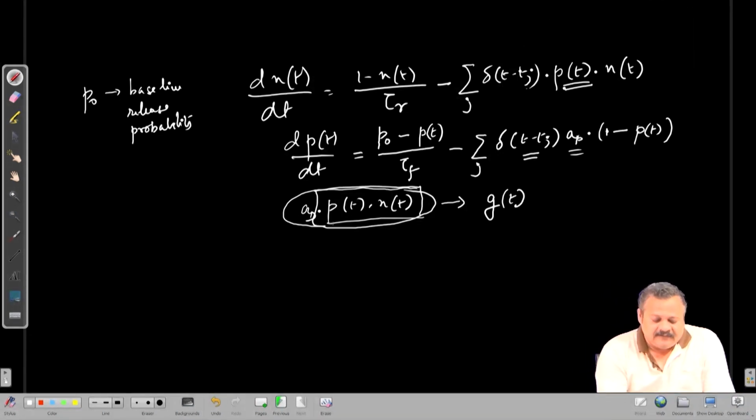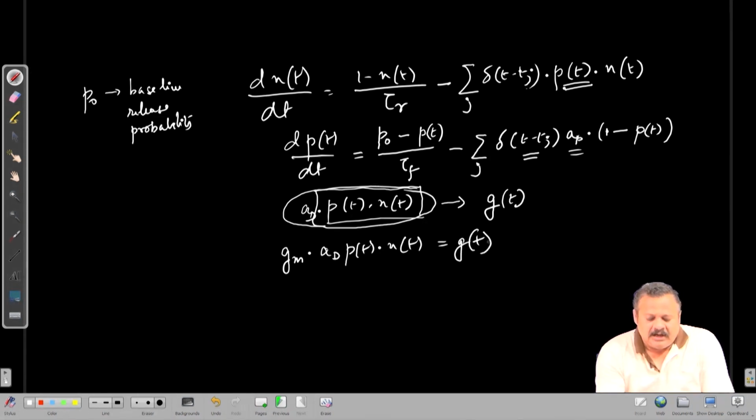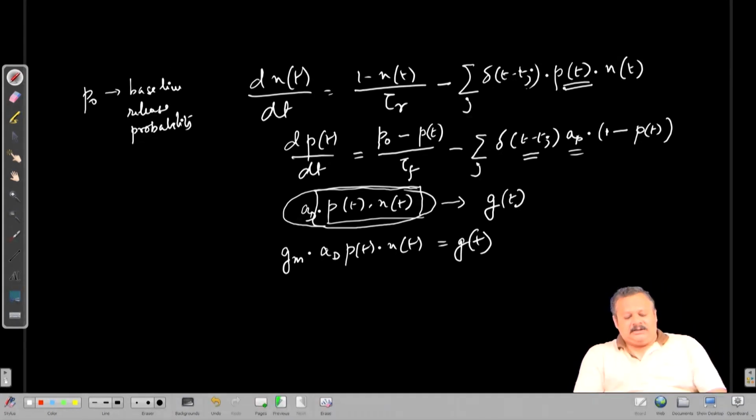So since this is a fraction, the maximum conductance can be taken as Gm, and it is AD times PT times NT that is going to be our GT. That conductance is what we will take as driving the current based on the voltage change in the postsynaptic side, just like we have done earlier.